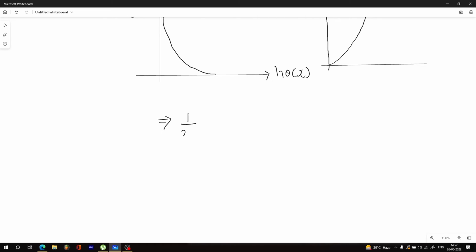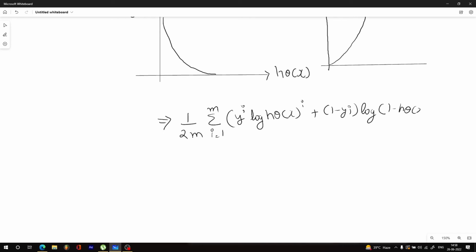So what will our cost function look like now? 1 by 2m, sum over i equal to 1 to m, y of i log h theta of x of i, plus 1 minus y i, log of 1 minus h theta of x.